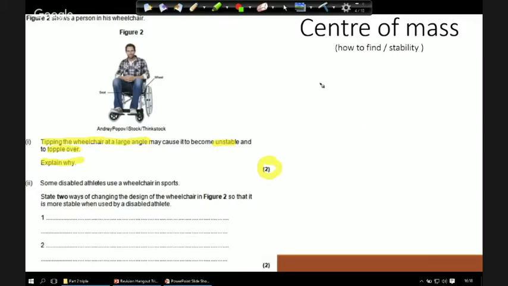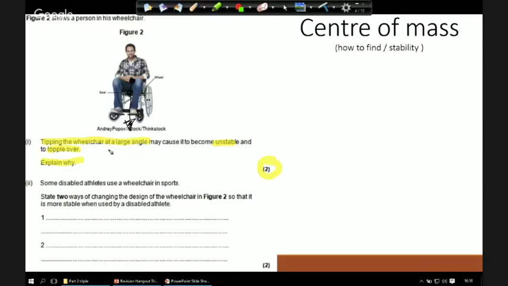Otherwise, for the answer, we'd be looking for the line of action of the centre of mass. If we imagine the centre of mass is probably quite low down, just here, and the line of action of the centre of mass is inside the base, it won't topple over.